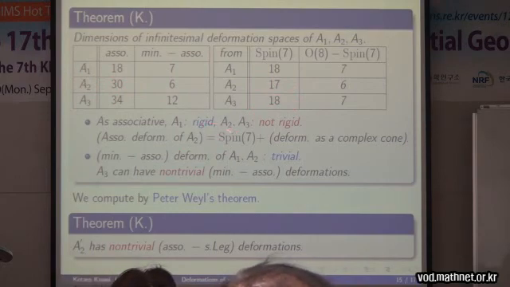But in the case of A2, we can explain all of the 30-dimensional deformations, and the associative deformation of A2 can be explained by Spin(7) action and deformation as a complex cone.